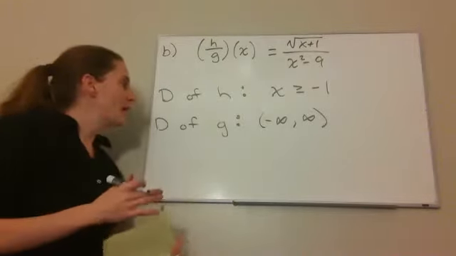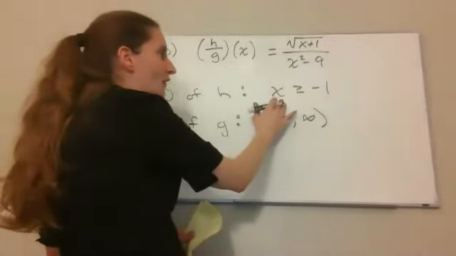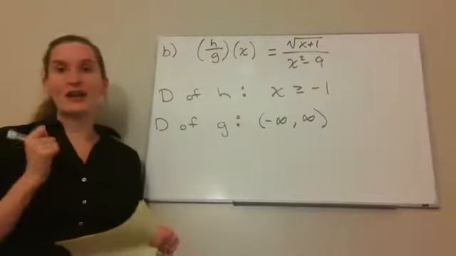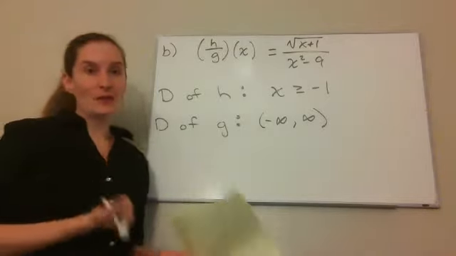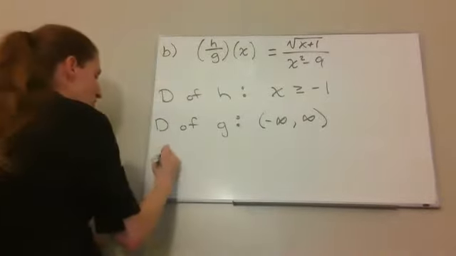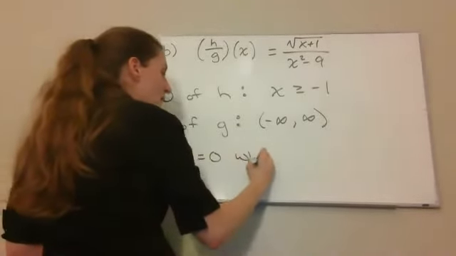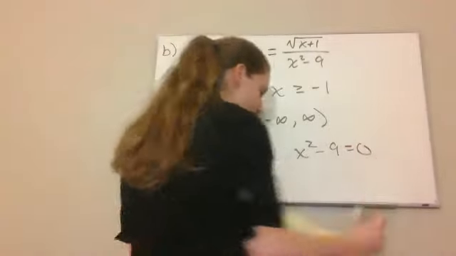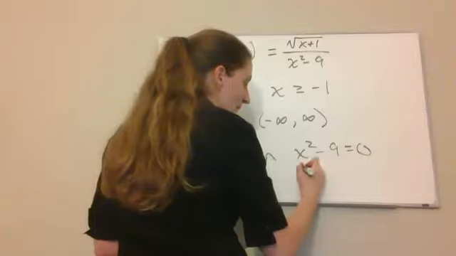So right now, I know the intersection of these two is still all of the x's greater than or equal to -1. But since I'm dividing, I also have to be concerned about any values that make me divide by 0. So my denominator g of x is equal to 0 when my x squared minus 9 is 0. This happens when x is plus or minus 3.